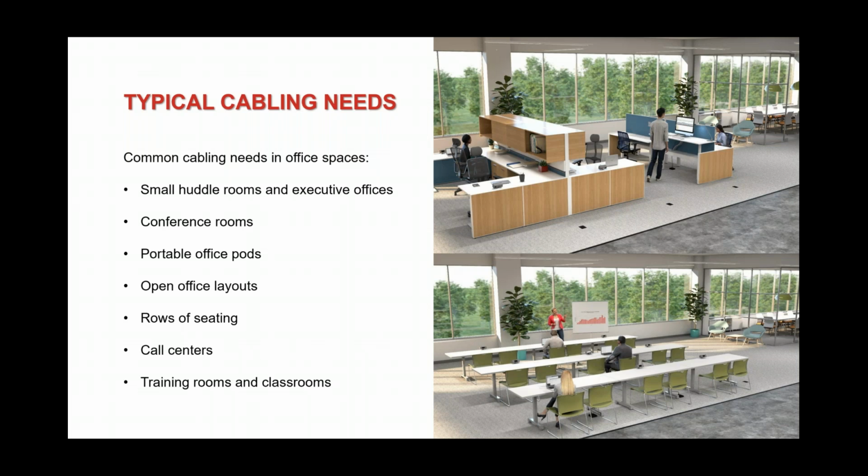Open office layouts, rows of seating like training centers, call centers, classrooms. What we're noticing is that almost every space in a modern or modernized facility is requiring some sort of power or data. It's very rare in today's world that we are seeing designers create anything that doesn't have some sort of power.